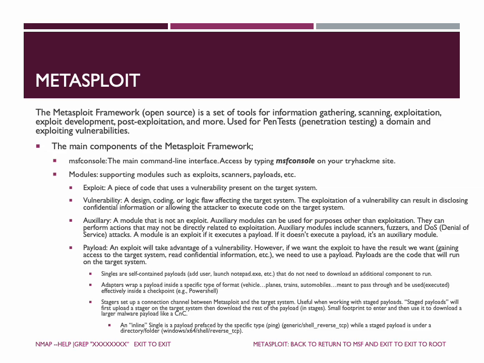Next is auxiliary. It's a module that's not an exploit. Auxiliary modules are used for purposes other than exploitation. They can perform actions that may not be directly related to exploitation. They can include scanners, fuzzers, denial of service attacks. So a module is basically an exploit only if it executes a payload.